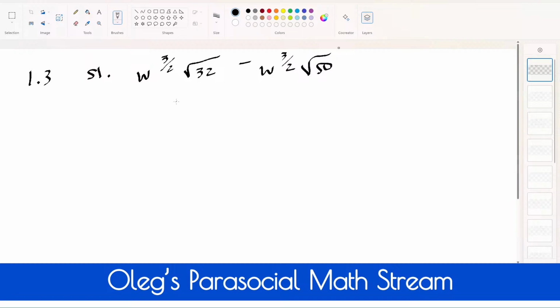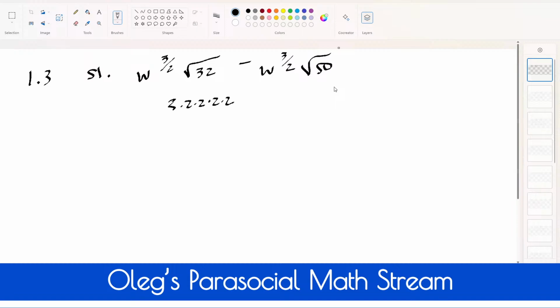So 32 is going to be 2 times 2 times 2 times 4. So that's 2 times 2. So that's 2 times 3 2's is 8 times 2, 16 times 2 is 32. Okay, and then we have here, we might have to multiply the 2 out in order to be able to do any kind of addition or subtraction between them. But it's not a fraction though. So that might not work.